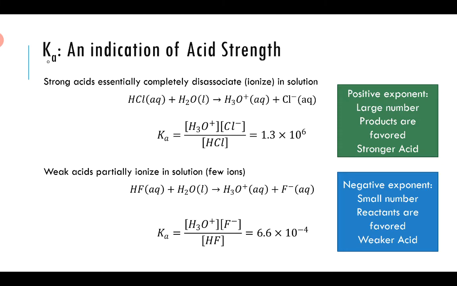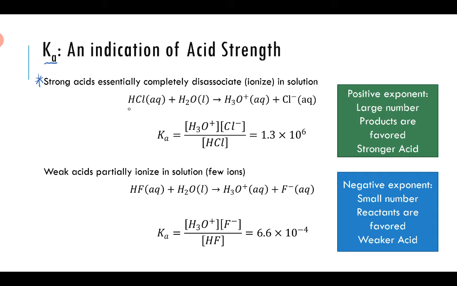Now, another application of K is this Ka. Ka can be an indication of acid strength. We know from earlier chapters that strong acids completely dissociate. That means they ionize in solution. So you have HCl and H2O.